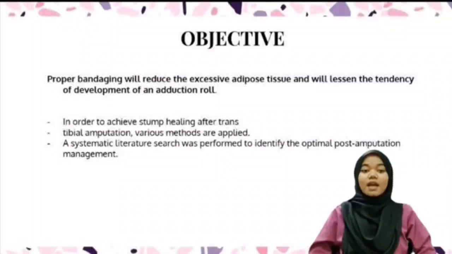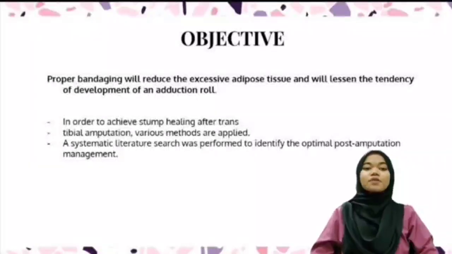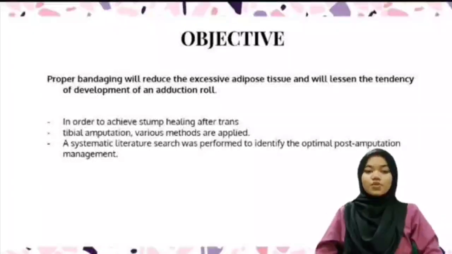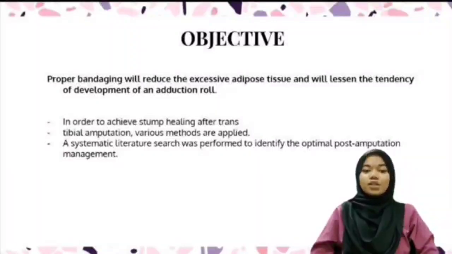So, stump bandaging. The purpose of bandaging a stump is to shrink and shape the stump. Proper bandaging will reduce excessive adipose tissue and lessen the tendency of development of an adduction wound. In addition, bandaging supports the soft tissue in the early healing phase following amputation in order to achieve stump healing after transverse amputation.